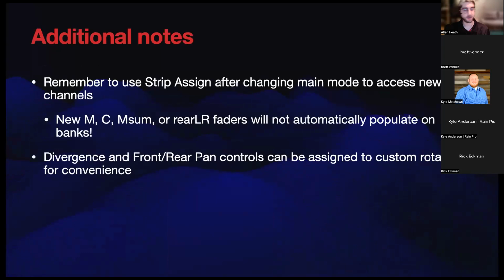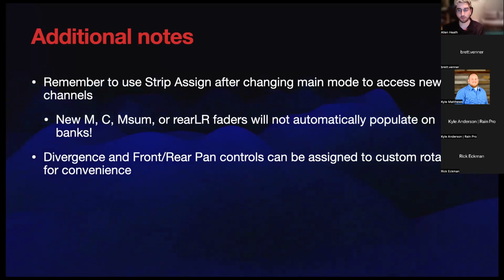So yeah, a few additional notes regarding all these main modes. This is what you were just talking about, Dayton. After you change your main mode, so let's say you go from LR to LCR, your faders won't automatically adjust. You won't see that center channel automatically pop up on your fader banks. It's just going to be another fader that's available in your strip assign screen.